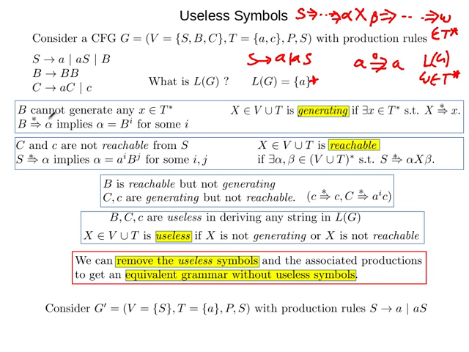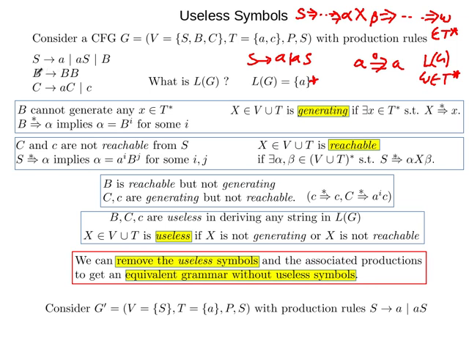And here you can see that this B is not generating. Why? Because if you try to derive something from B, what production can you use? You can only have this production, so there is no other B production, right?